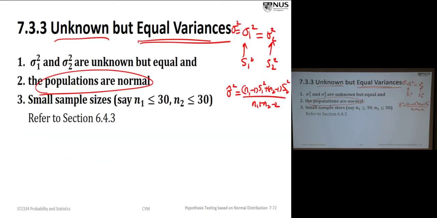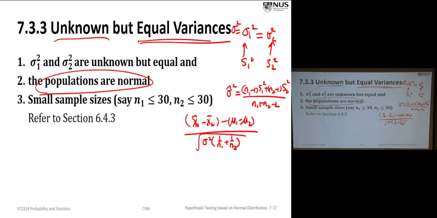Okay, this is an example, but basically the idea is like this: x1 bar minus x2 bar minus mu1 minus mu2, divided by the square root of the common variance sigma square. This is not the answer yet, just an intermediate step.